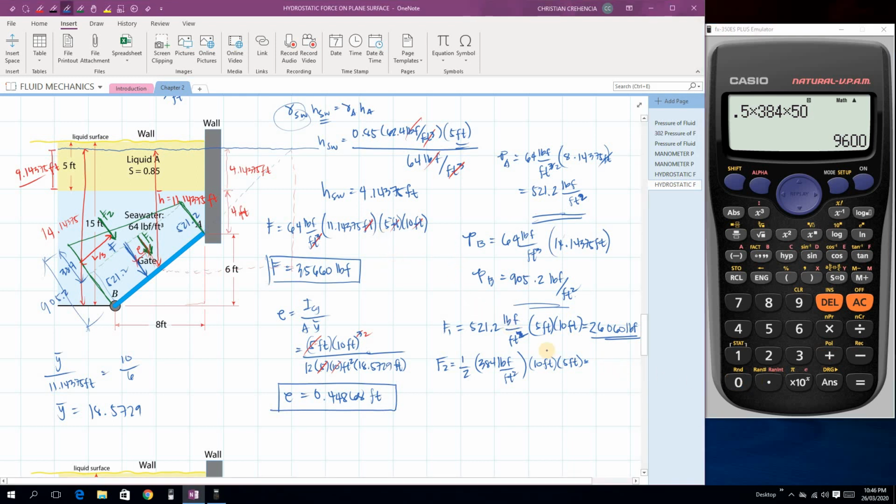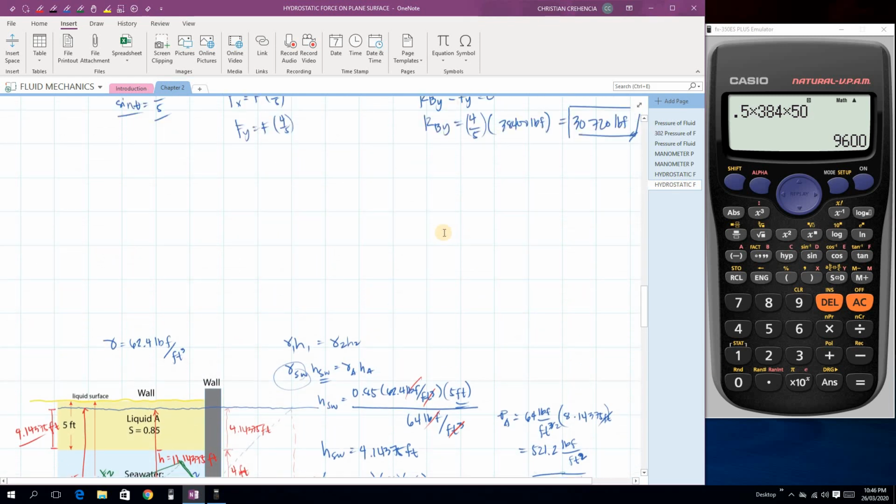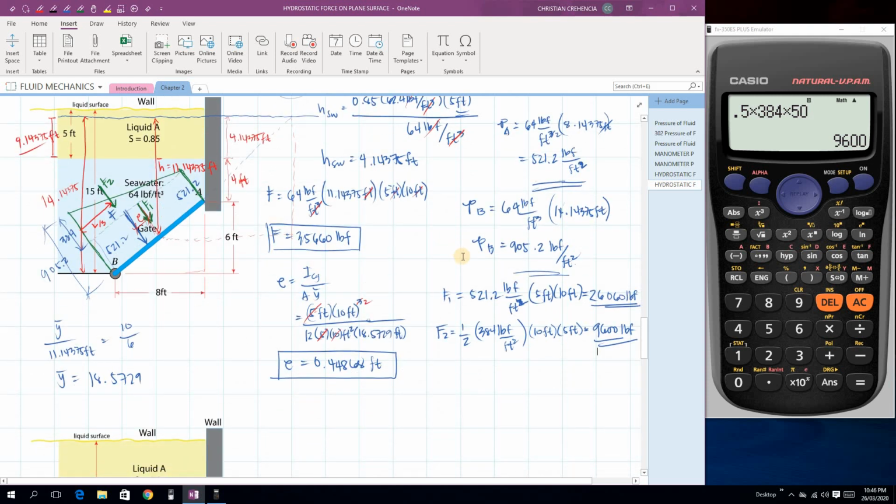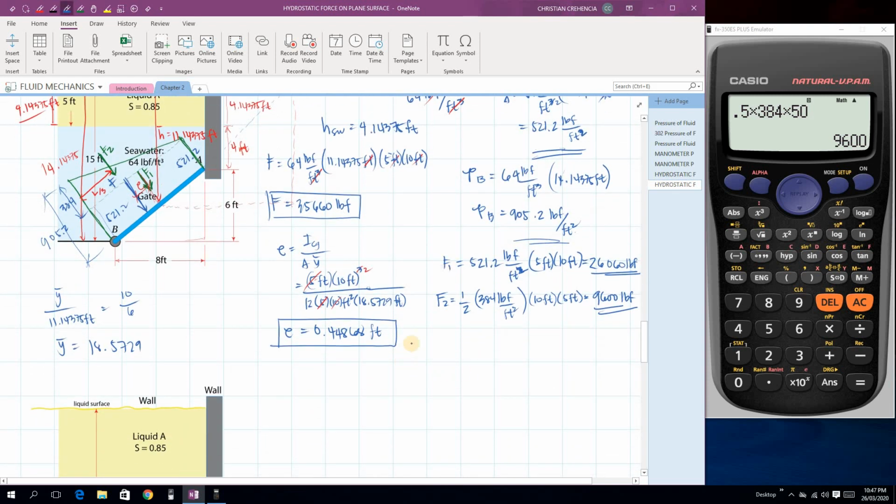Okay, so we have here 9,600 pound force. Okay, then yung total force F is yung sum nitong dalawa.